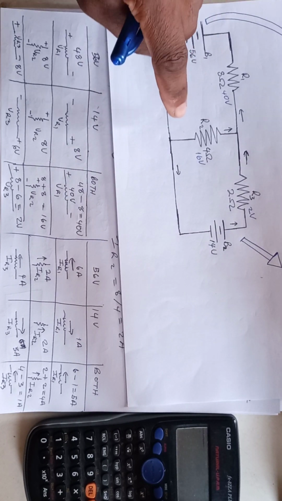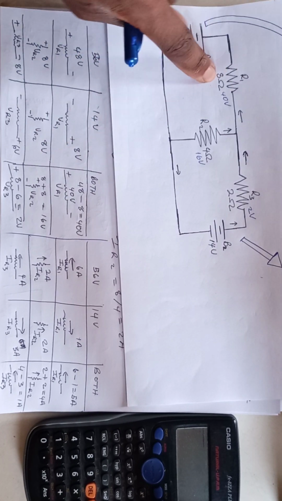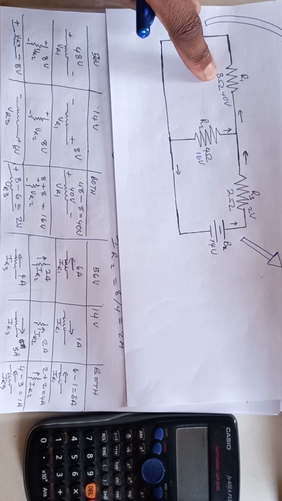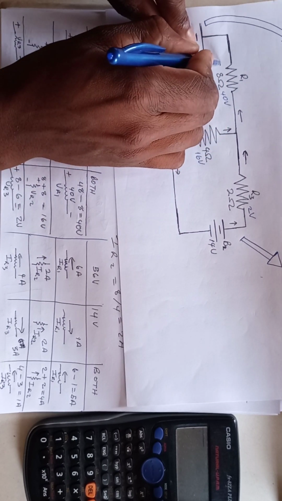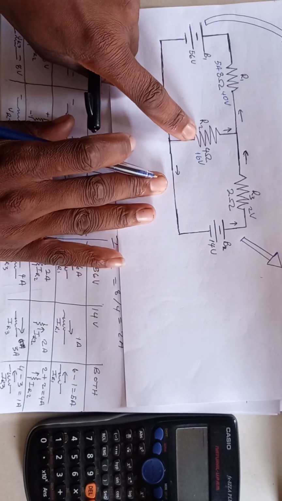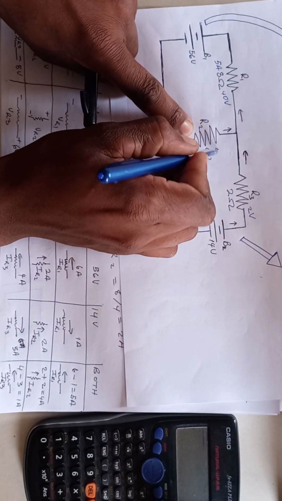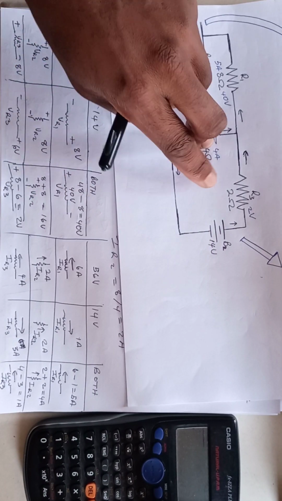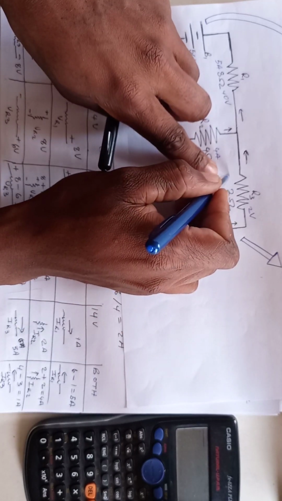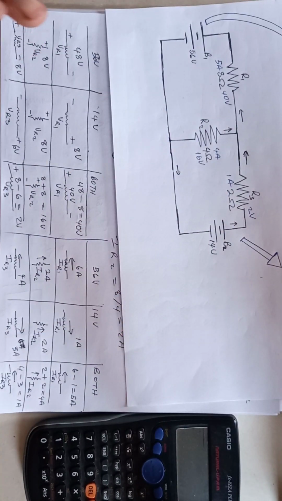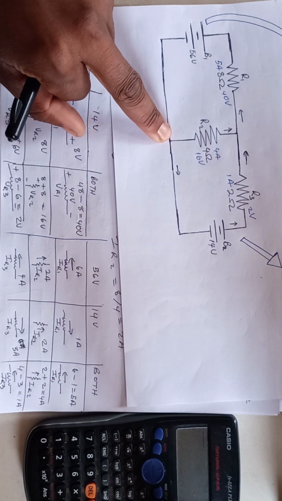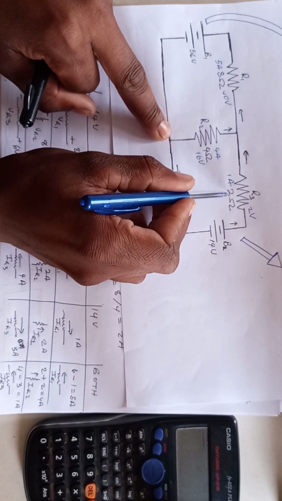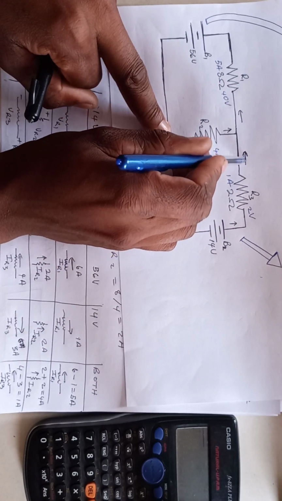So now we know the currents. We know almost everything. We figured that IR1 is 5 amperes, IR2 is 4 amperes, and IR3 is 1 ampere. But what we also saw is the current direction, that electrons will flow in this direction.